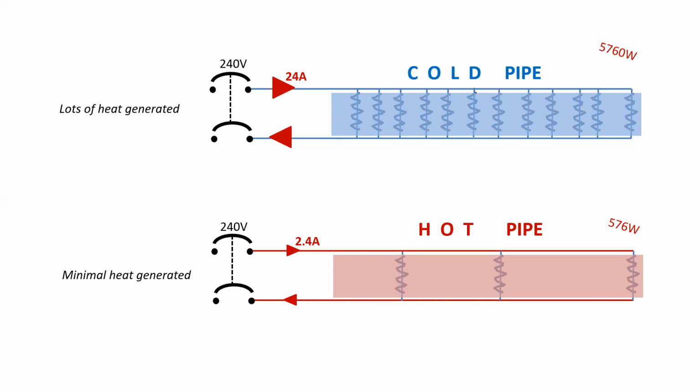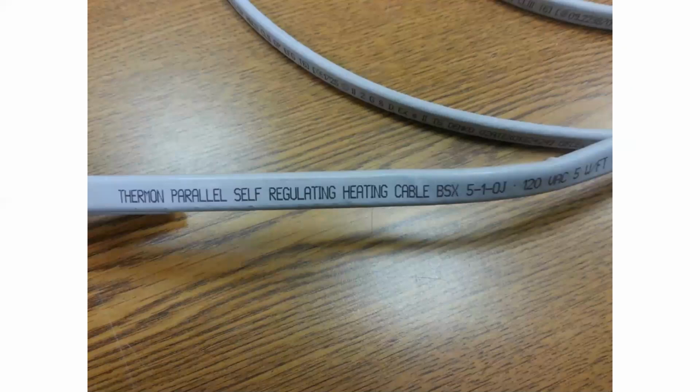It will keep the temperature of a pipe constant without the need for additional controls. Here's an example or a picture of what it looks like. And you can see here that it has a rating of voltage as well as how many watts per foot it would consume and generate heat from.